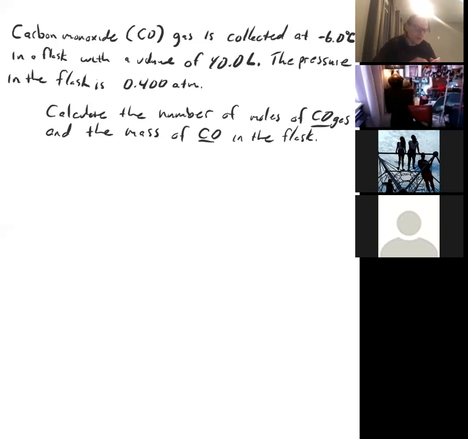So here's what we're told about the carbon monoxide. So we know it's carbon monoxide. That's our chemical formula. So that's the first piece of information we have. The second one is we're told the temperature of the gas. The third piece of information we're given is that the volume is 40 liters. Okay.